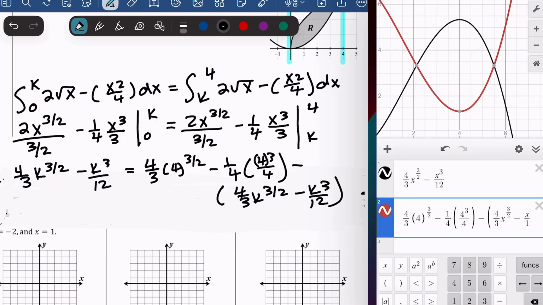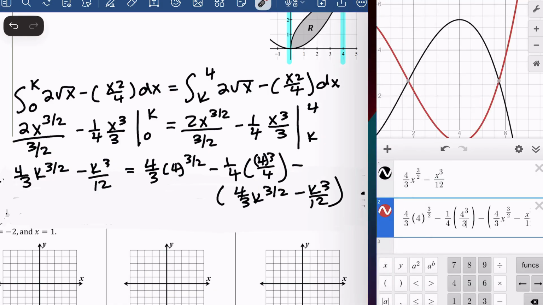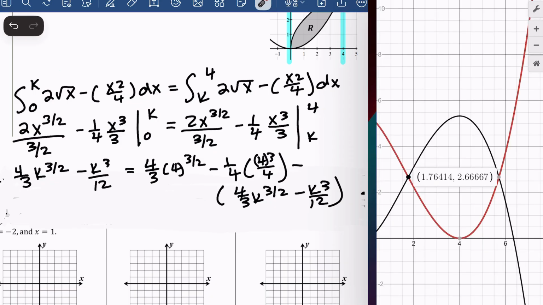Why is it 4 to the 3 over 4? From this part right here when I plugged in 4. Will it be 4 to the 3 over 3? Oh, okay, yes. There you go. There's my mistake. Thank you. Okay, yes, those numbers look better.